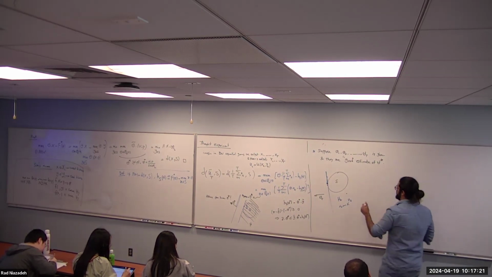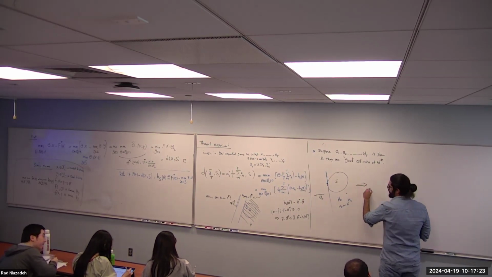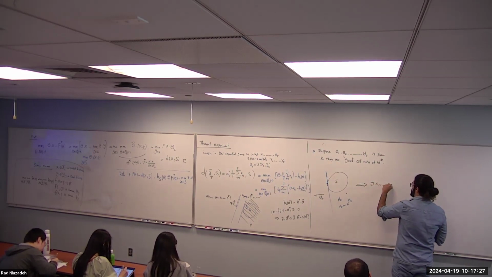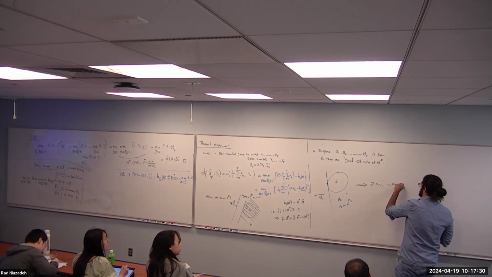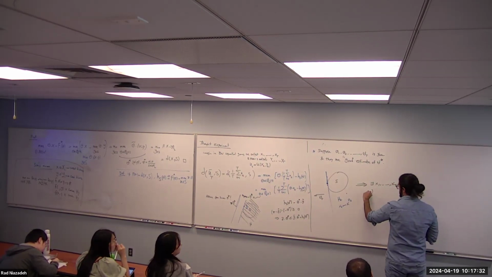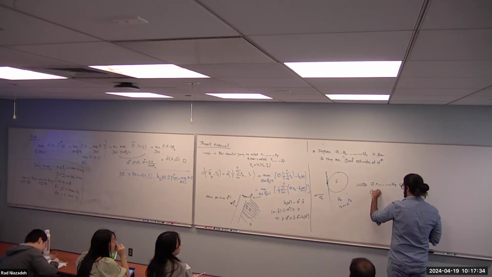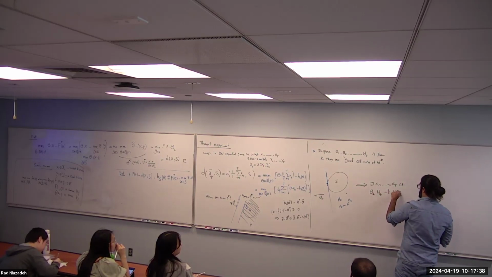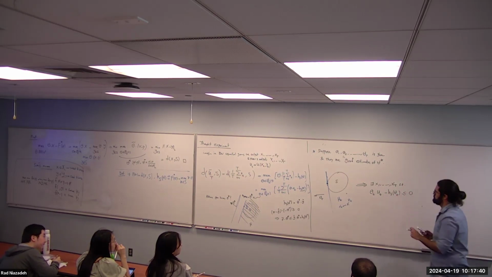Therefore, I can guarantee there exists a sequence of x1 to xt such that theta t dot my utility in that round minus hs of theta t is going to be negative. Exactly as before.